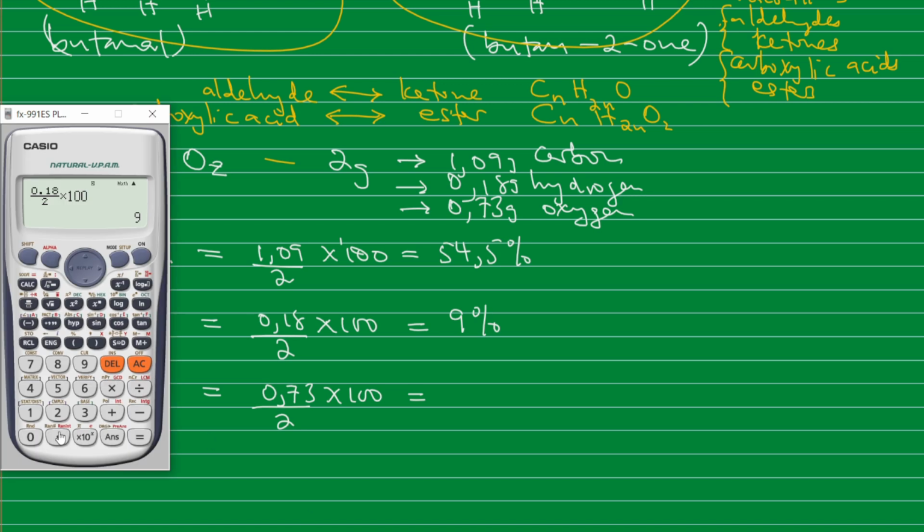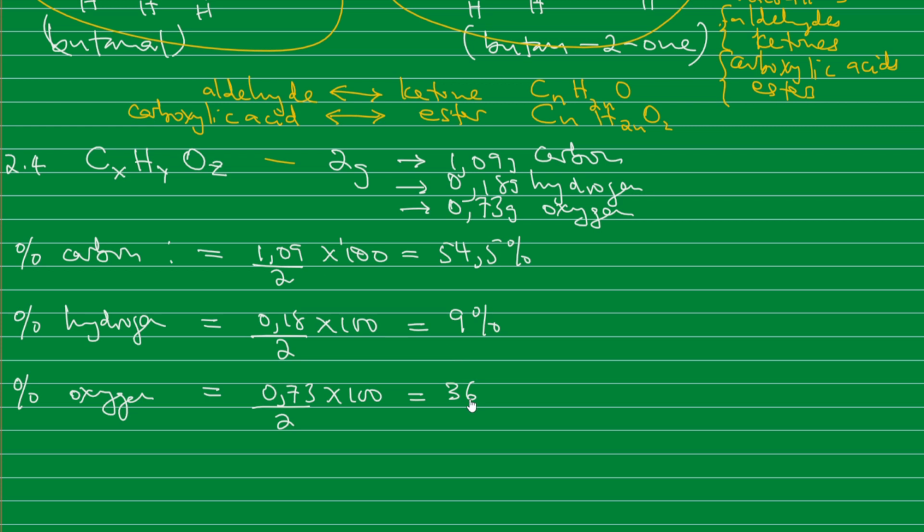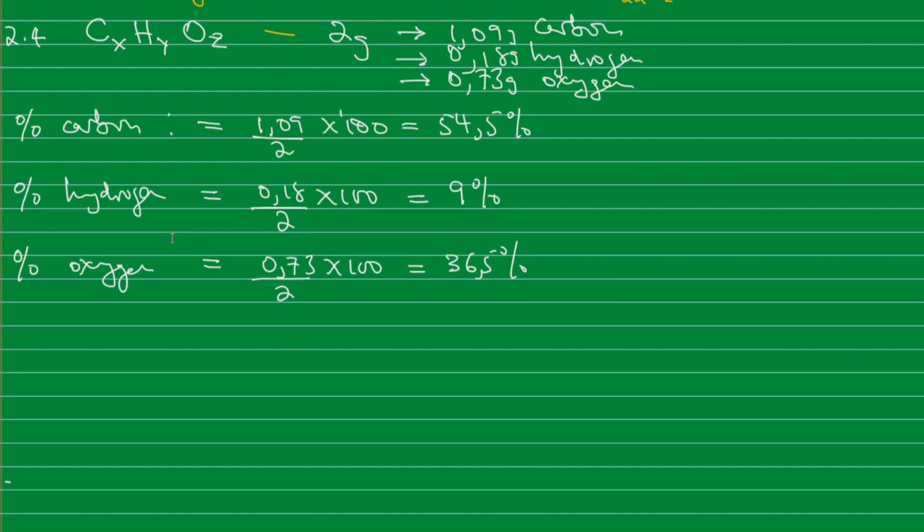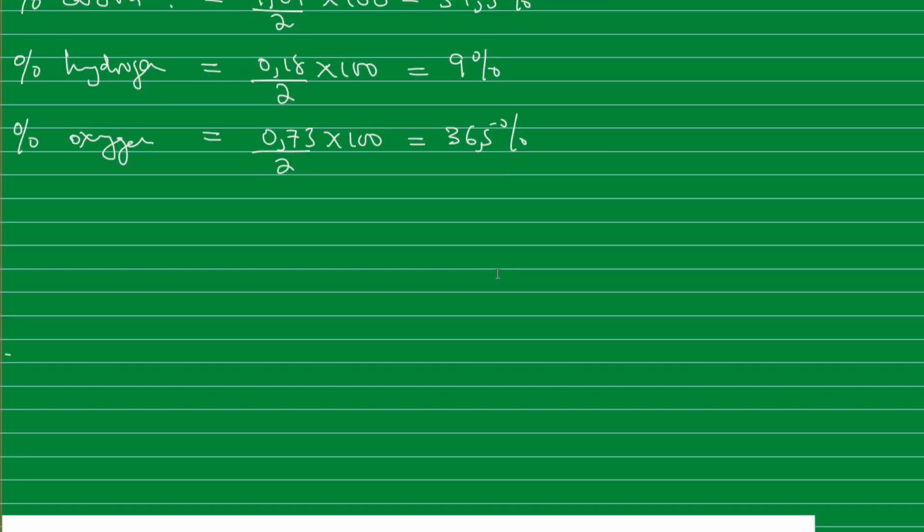Let's do it the first way: 0.73 divided by 2, then multiply by 100. I'm getting 36.5, so this is 36.5%. Now we have calculated these percentages.